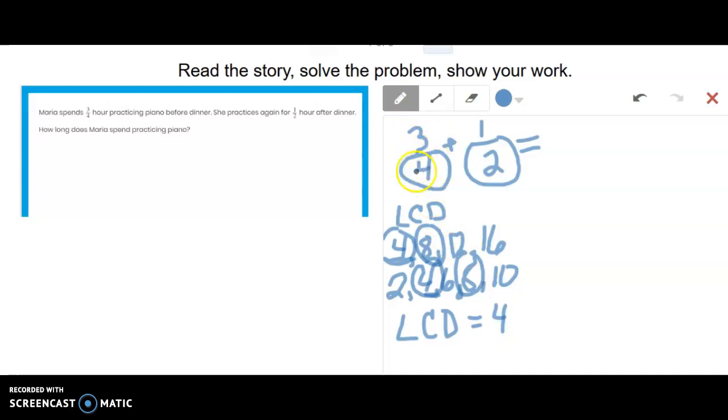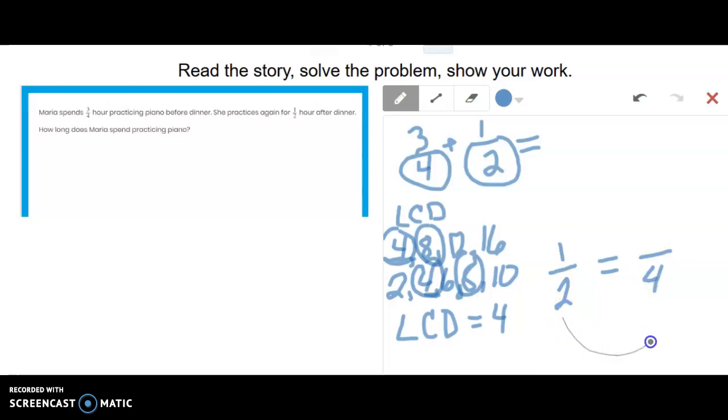Well, up here, 3/4 is already in the form with the denominator as 4. So I can leave that fraction alone. But I do need to find a fraction that would be equivalent to 1/2 that has the denominator of 4.